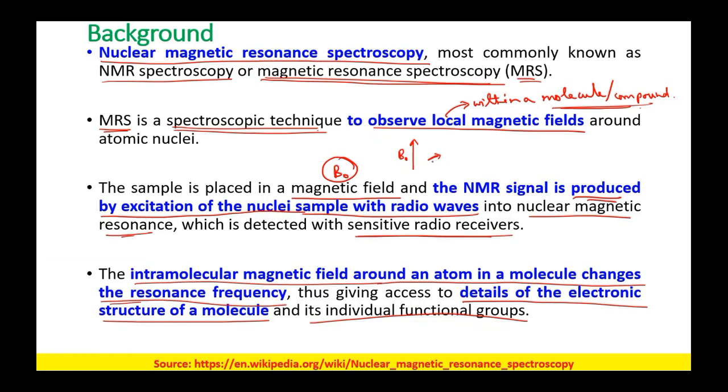It will have a magnetic field, say B1. So what will B0 do to B1? When you bring B0 near B1, B1 should align with the strong magnetic field. Why is it aligning? Because this is the low energy state.